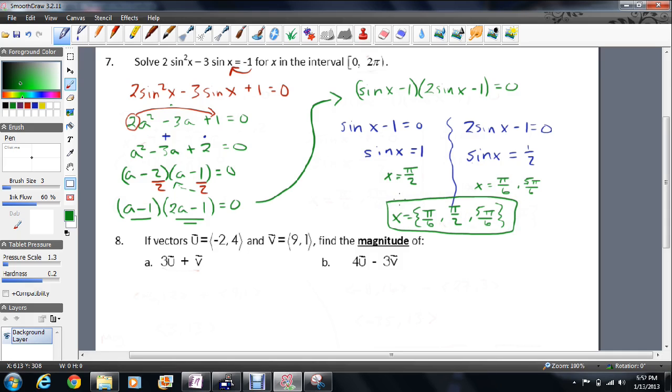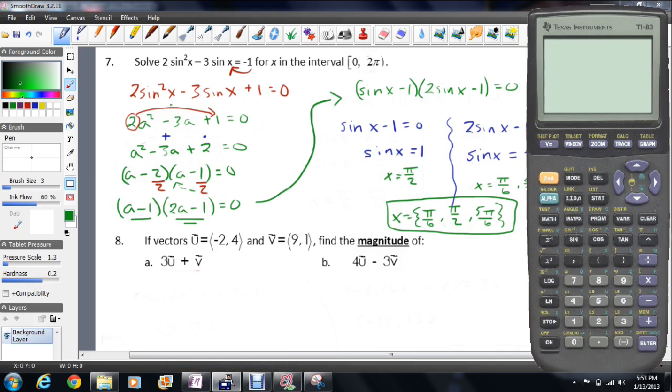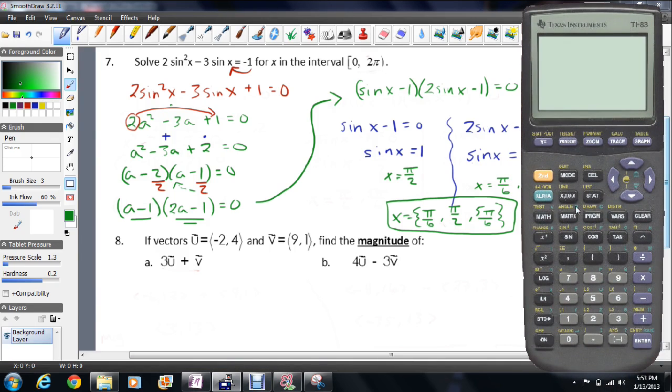Now again, I promised that I'd show you a calculator method as well, so let me pull up the calculator and we'll do it that way. Okay, so I've already done a couple of the steps for us already, so I've already plugged in my equation into the calculator, but let me explain why I didn't plug it all into y1.